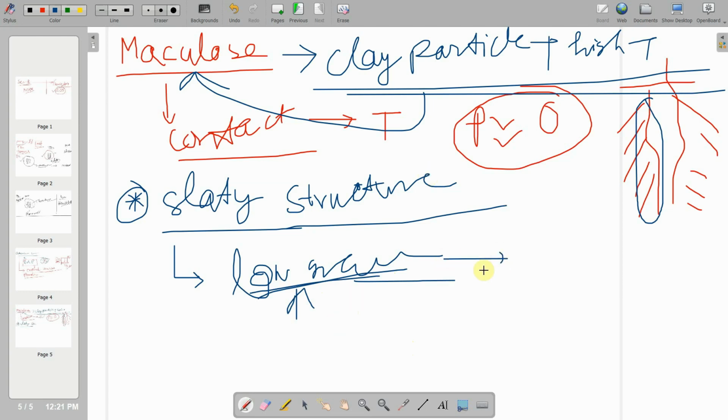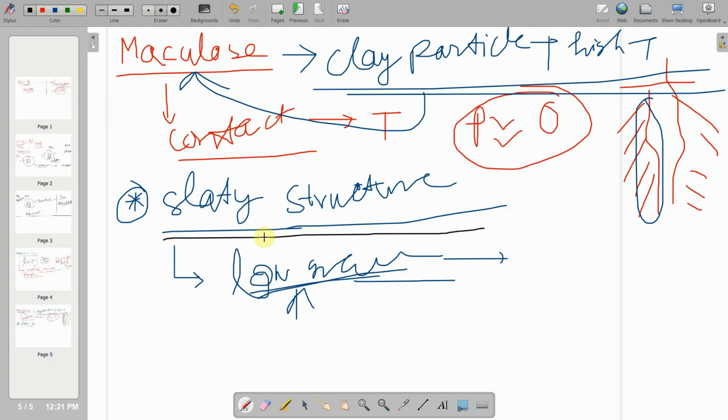There are several weak planes in between, and these are made up of stacking of layers, layer after layer, just like an onion, and that type of structure is called a flaky structure. Generally in slate kind of rock you will find these slatty structures.